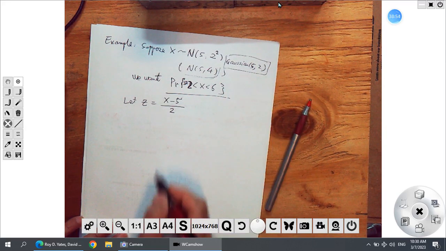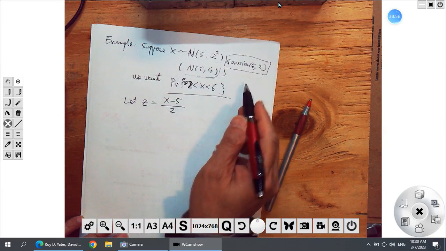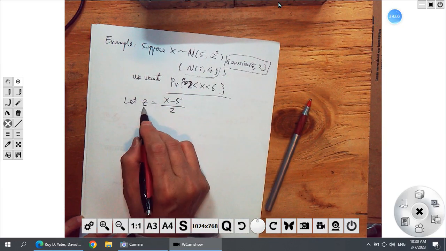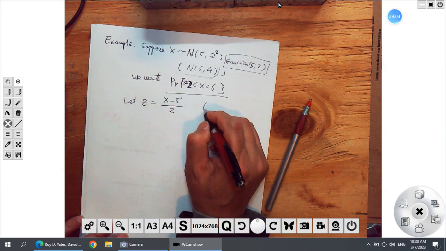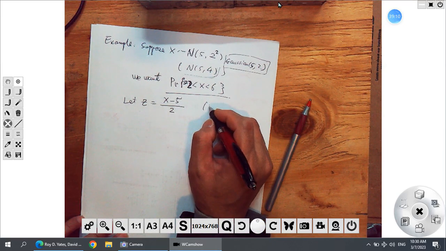So we have three ways to write this notation, with the same meaning. Then, according to the parameters, I have this Z. Actually, we have a name for this: we call it standardizing, or normalizing.